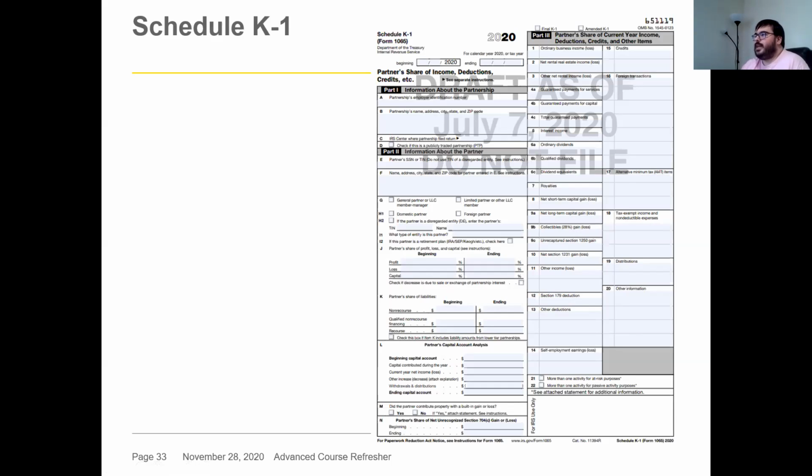But if they start going into guaranteed payments and foreign transactions, it might be complicated. Royalties we can do. But if it deals with other stuff in here, it might be complicated.